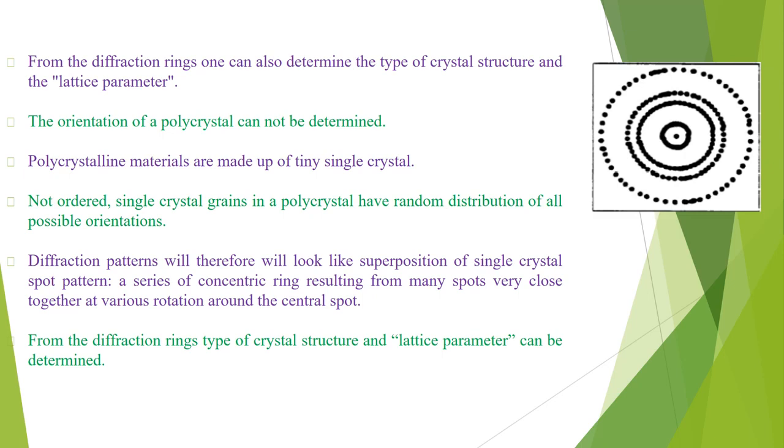From the diffraction rings, one can also determine the type of crystal structure and the lattice parameters. The orientation of a polycrystal cannot be determined.